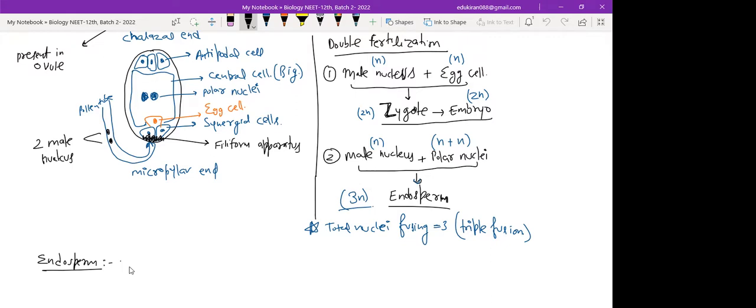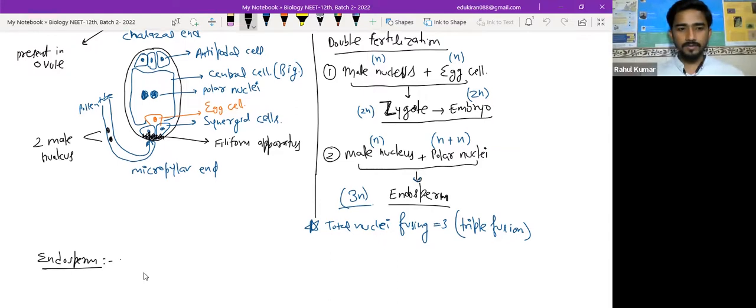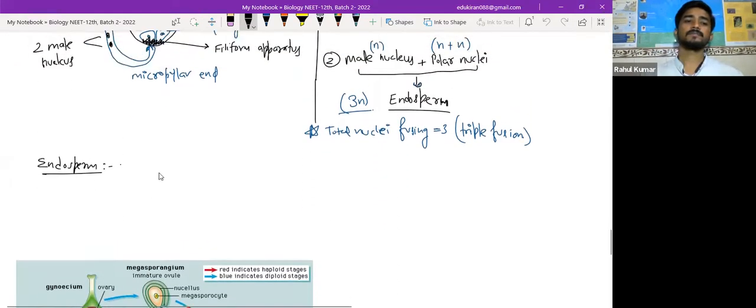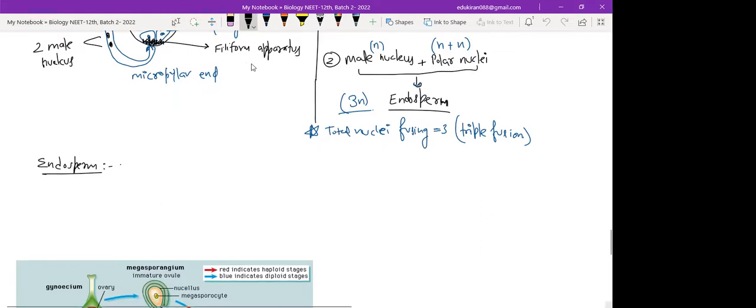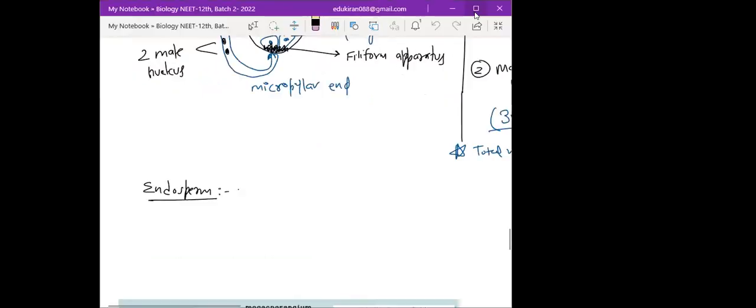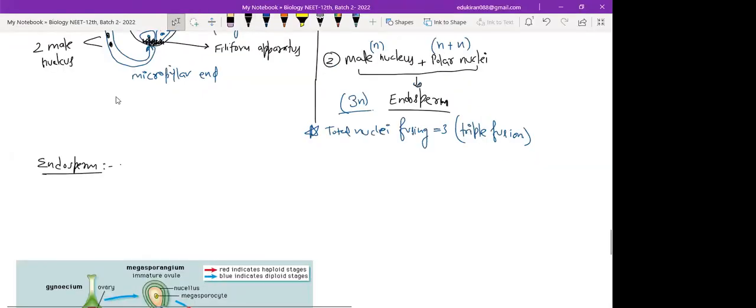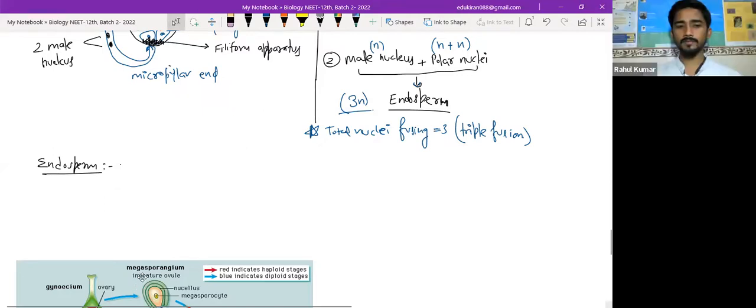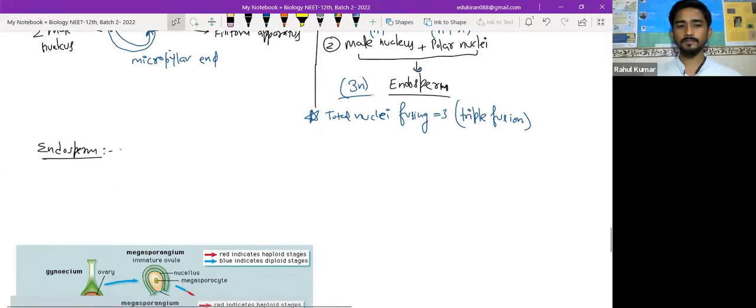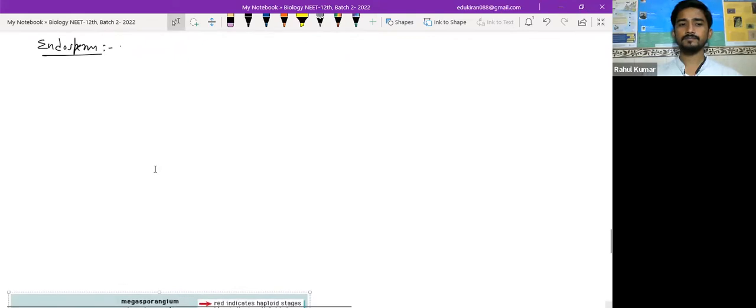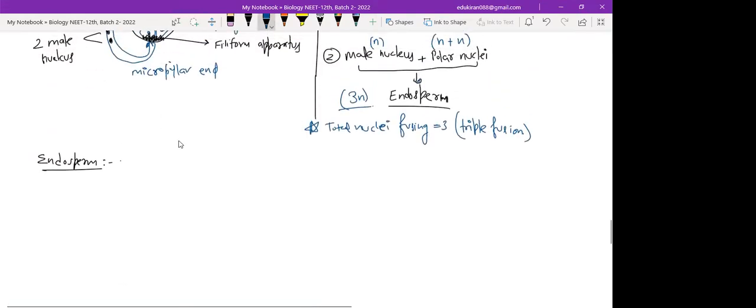Now, just to tell you, if you see a seed, both of you have seen a gram seed? Gram, chana. If you see a chana seed, you can split it into two, right? Let us draw this here.